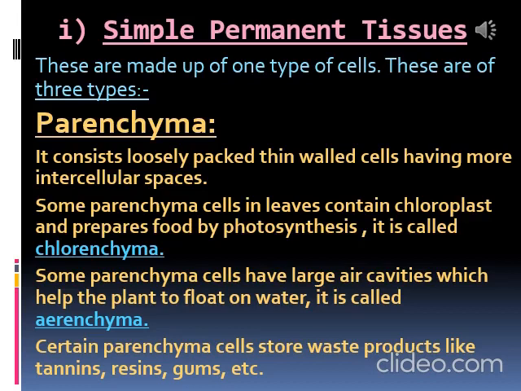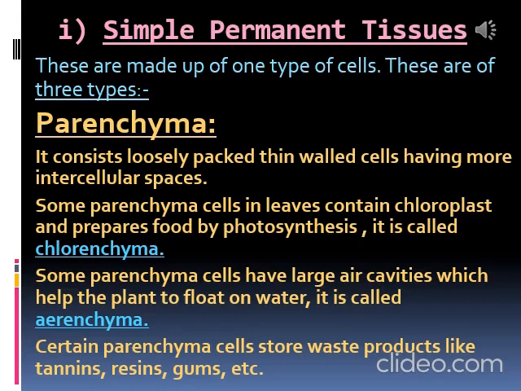When the cells have large air cavities which help the plant to float on water, basically in hydrophytic or aquatic plants, their cavities are filled with air to provide buoyancy to the plant. In that case we call it aerenchyma, due to the presence of air in the cells.